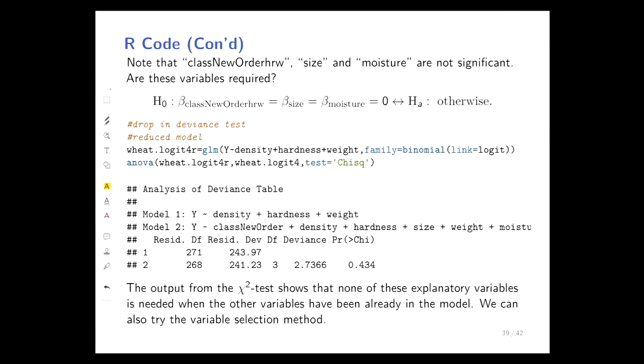So we can test this null hypothesis: the coefficients of these 3 variables are all equal to 0. So we want to see whether at least one of these 3 variables is needed in the model. It's a standard chi-square test, the dropping deviance test. So what we need to do here is just to obtain the reduced model.